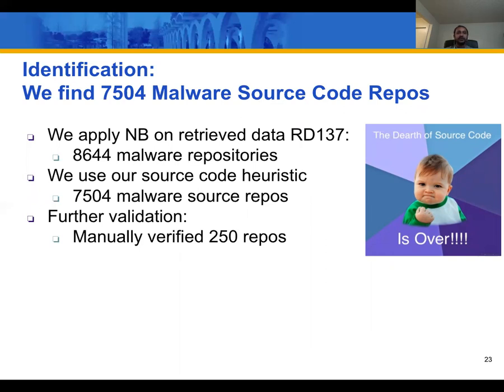So we use our source code heuristic approach on these 8.6K malware repositories to identify malware source code repositories, and we have found 7.5K malware source code repositories. We further validated randomly picked 250 repositories. So our final result is we have got 7.5K malware source code repositories in 97K repositories.